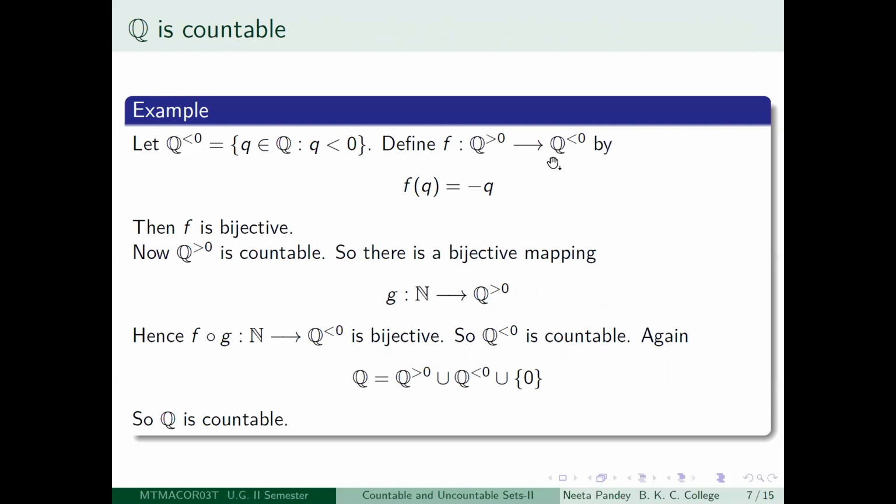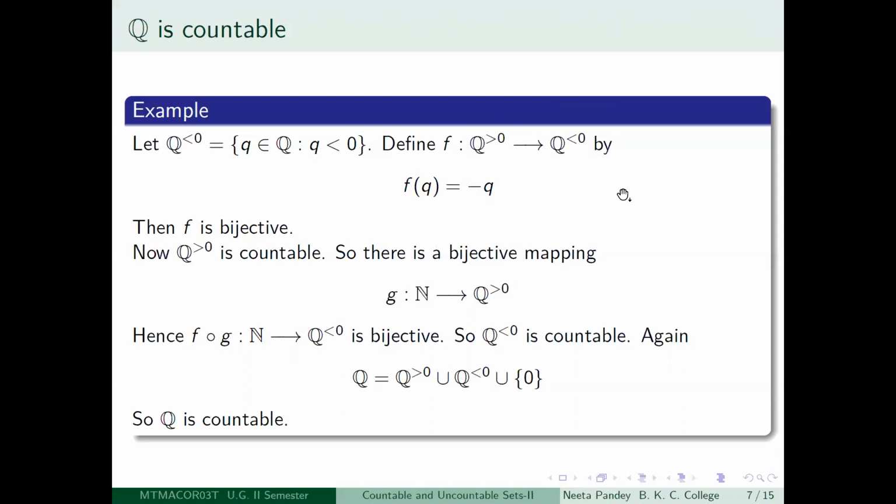Then you can get a 1-1 correspondence between the set of positive rational numbers and the set of negative rational numbers, just by sending every q to minus q. So call this map f. So in our language, we can say that the set of positive rationals and the set of negative rationals are equipotent. So we can get a bijective map from here to here.